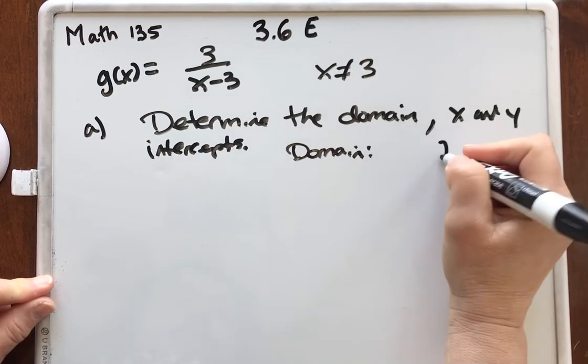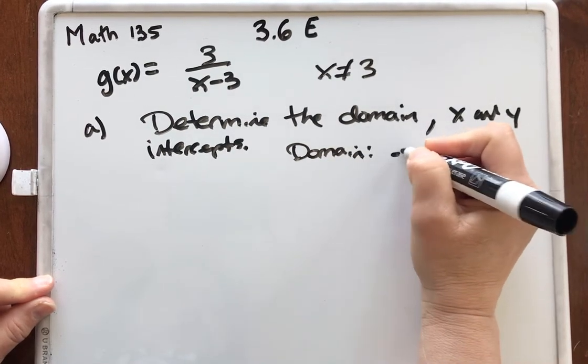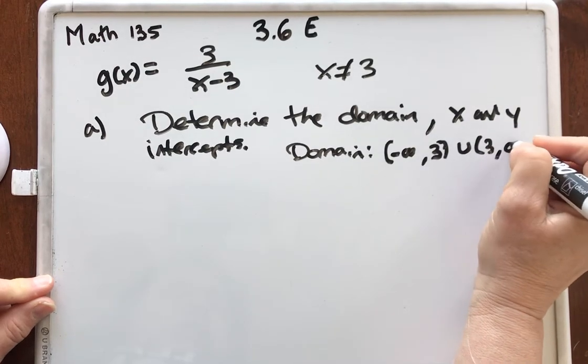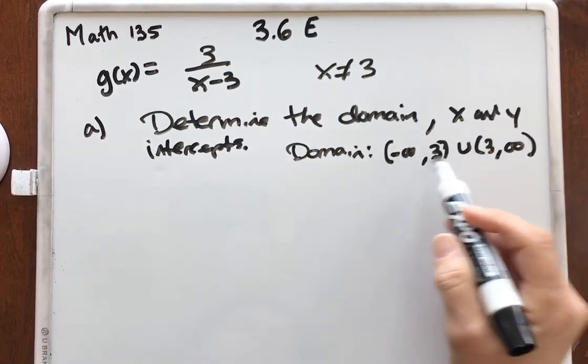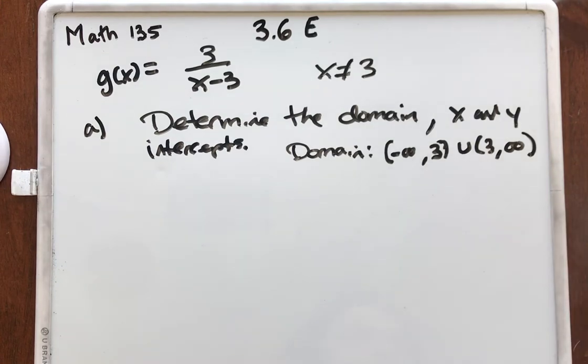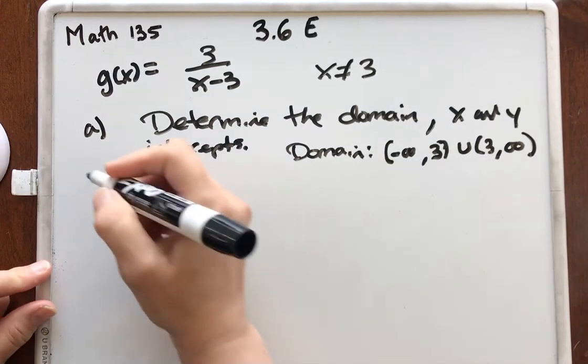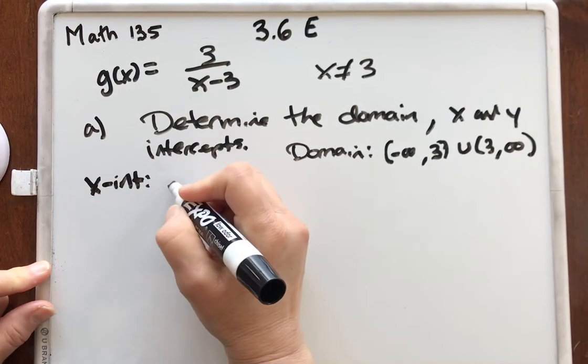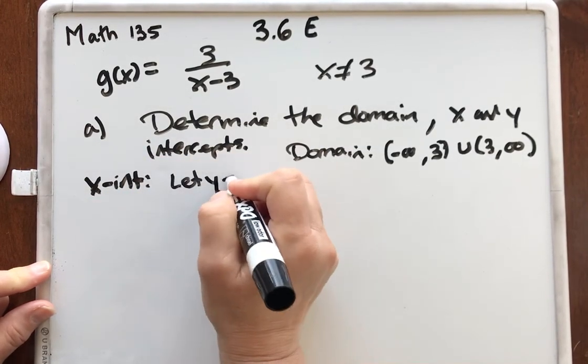We're going to have negative infinity to 3 union 3 to positive infinity. So these are all numbers but 3. Okay, now to find the x-intercept, this is just a reminder, to find the x-intercept we let y equal 0.